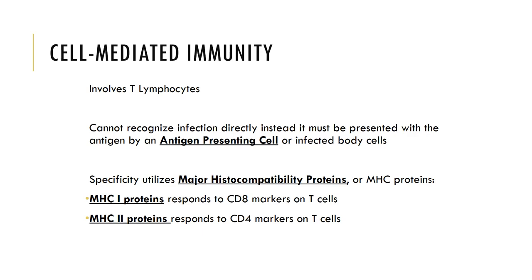These membrane glycoproteins are called major histocompatibility complexes, or MHC proteins. And there are 2 classes of MHC proteins. Class 1 MHC proteins are found on every body cell to allow body cells infected with a virus to alert the immune system that they've been attacked by an infection and reveal the identity of their attacker.